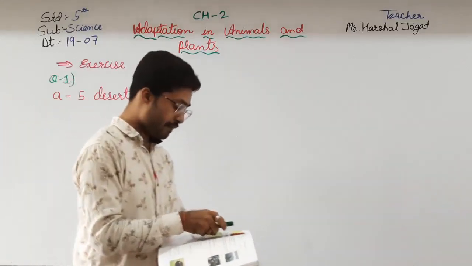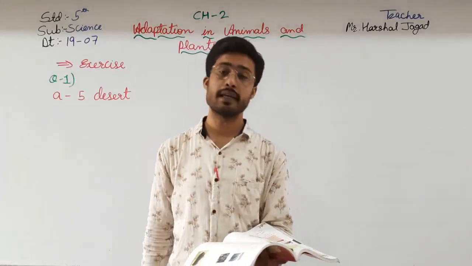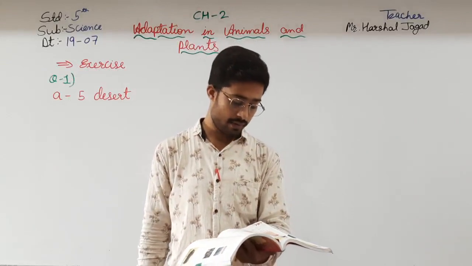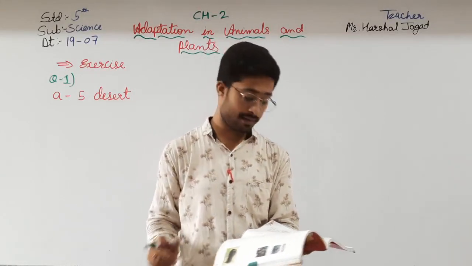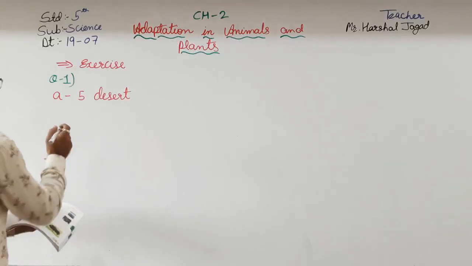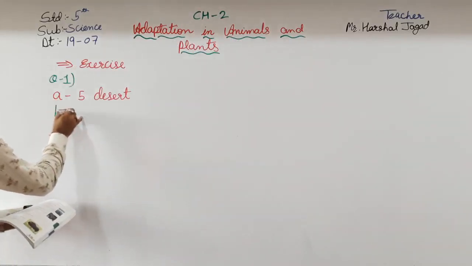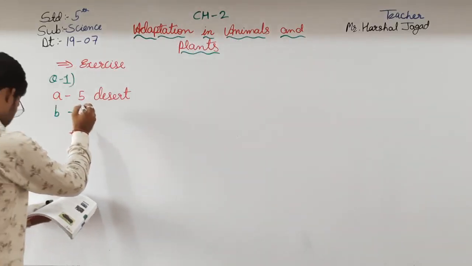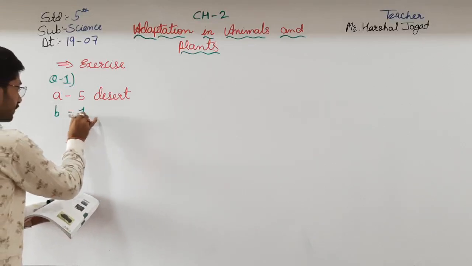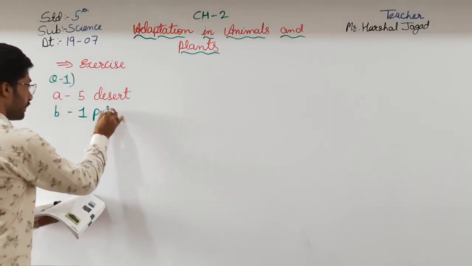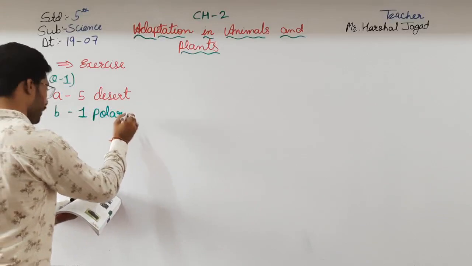Then after, B, that is snowy owl. So snowy owl is seen in the polar regions. So B, that is first, polar region.